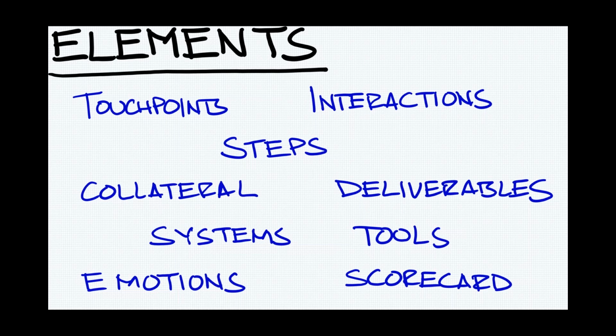Systems, tools, you've got software, you've got hardware, you have all these other systems that very much impact the journey. Emotions need to be captured to effectively understand the journey. And scorecards, what different elements exist, and if we were to score those in some way, what does that scorecard look like?